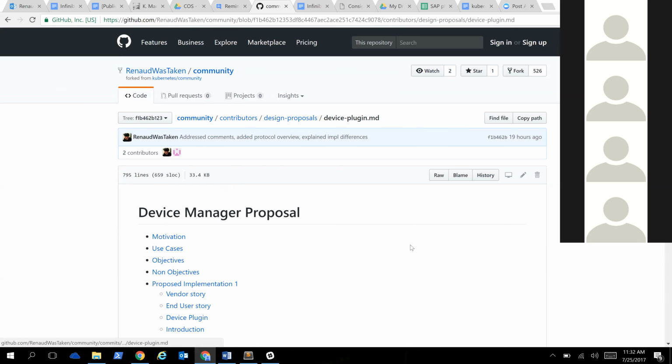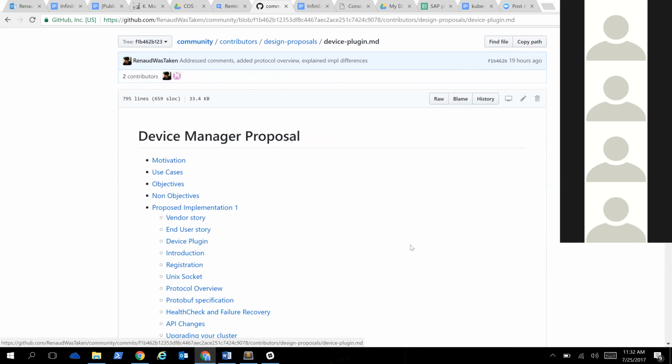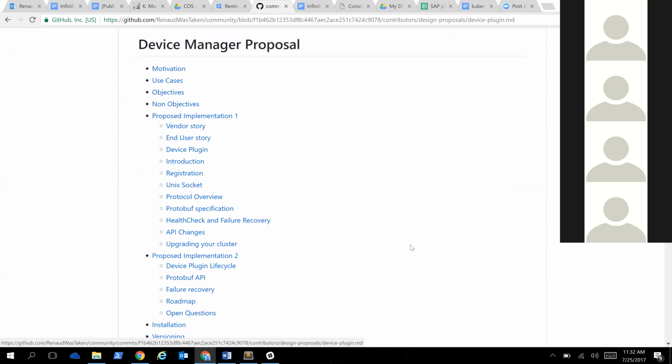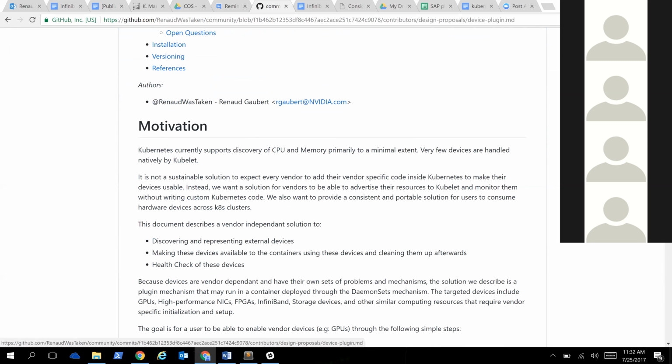I think I might start with that again, as Connor did: the motivation, or at least the objectives for us at NVIDIA, is to provide some way to actually enable GPUs.